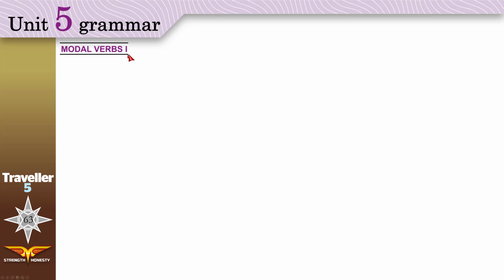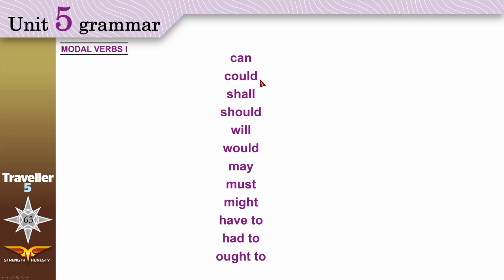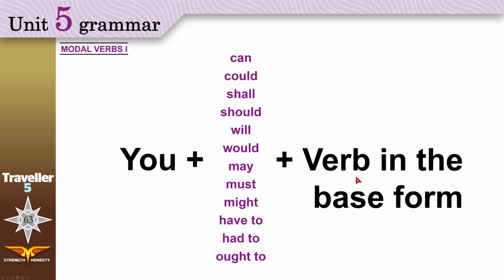What are modal verbs? Modal verbs are words like can, could, shall, should, will, would, may, must, might, have to, had to, and ought to. One thing you must remember about modal verbs is that the verb that follows them is always in the base form, and that makes them very easy.